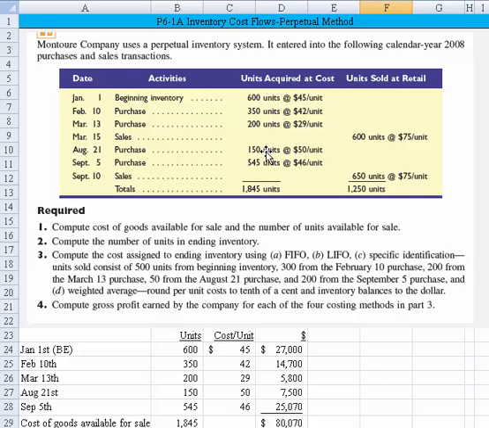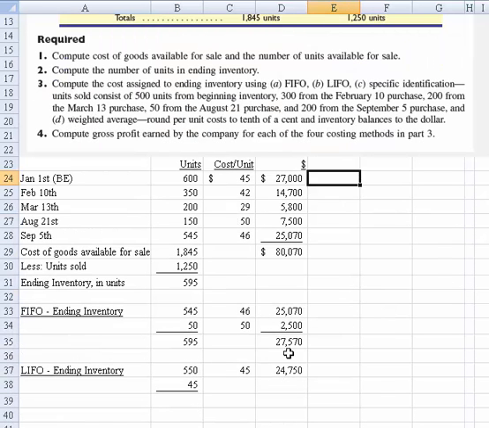So the next one down is the 150 units. And the inventory must have come from there. Okay, so the next layer of what we have left is the August 21st units. And we'll pull the cost from the August unit.